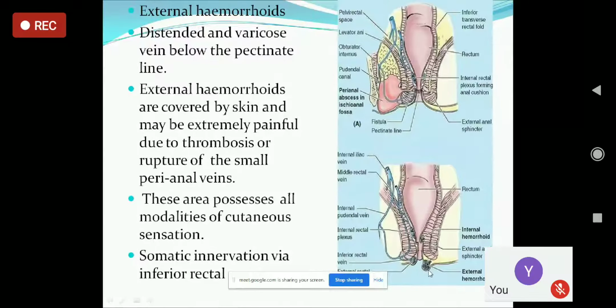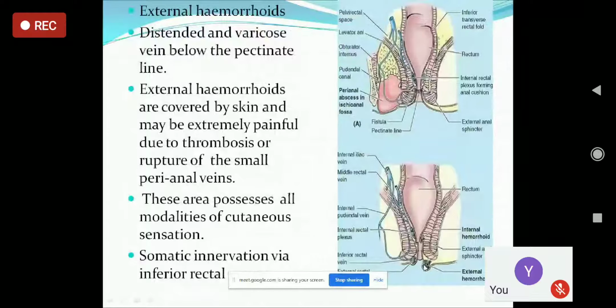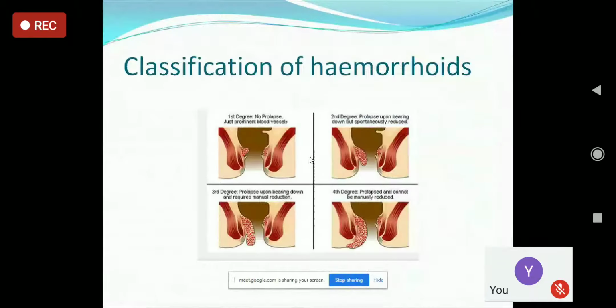So what is the difference? Internal hemorrhoids occur above the pectinate line, are supplied by the autonomic nervous system, and the bleeding is bright red. Whereas external hemorrhoids are covered by skin in the perianal space, supplied by the somatic nervous system, so they are very painful. The bleeding is not bright red, it is dark red in color.